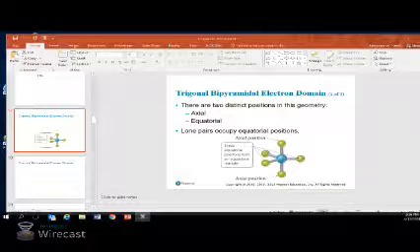Okay, so in the 5 electron groups, all bonding is trigonal bipyramidal.